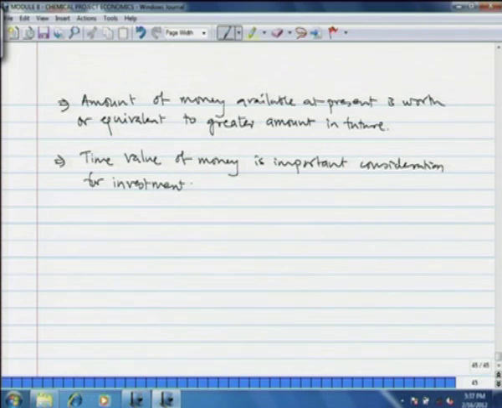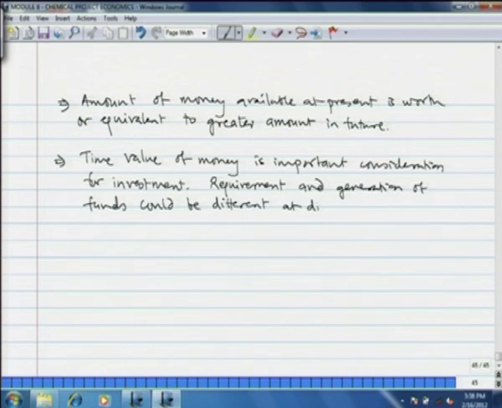The point we note is that the requirement or generation of funds could be different at different times, and therefore the timing of expenses and income significantly impacts the present worth of such funds.